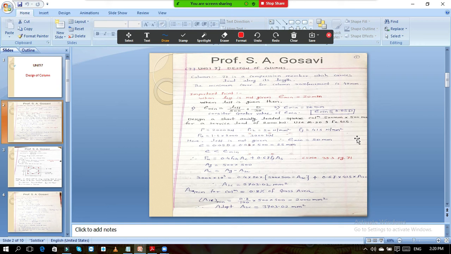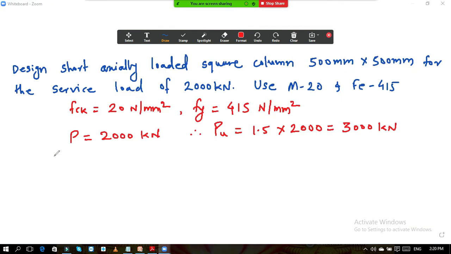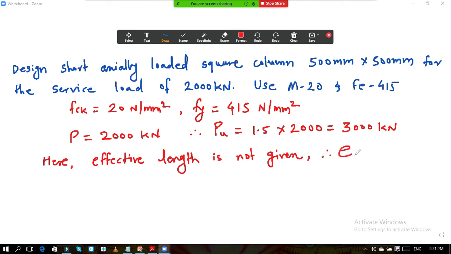Unsupported length or effective length is not given to us, or they have not specified any condition for the effective length. So we will take here the E minimum directly as 20 mm. Therefore we should consider minimum eccentricity as 20 mm.